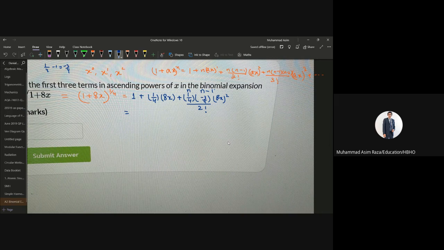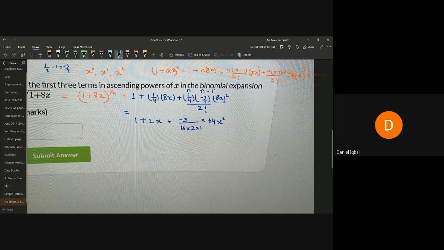So here we will have 1 plus 2x, and then obviously we should expand it. So it will be minus 3 over 4 times 4 is 16, into 2 factorial, meaning 2 times 1, into 64x squared. Did you understand this? That 16 into 2 into 1 that I have written?